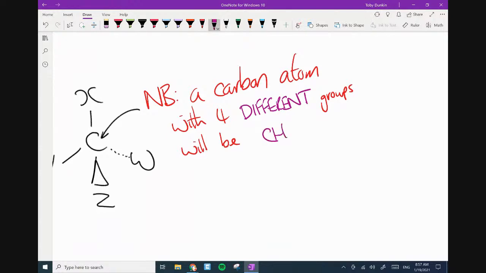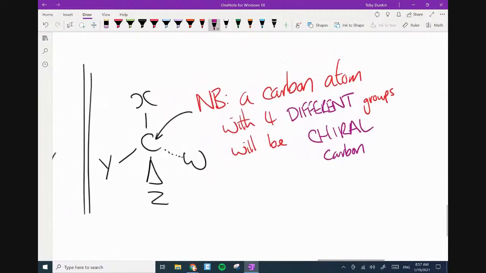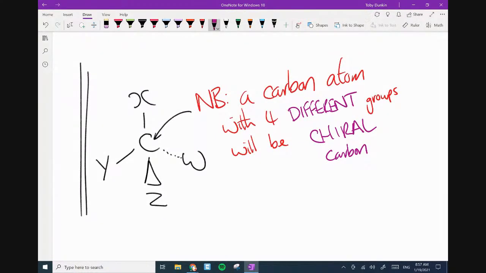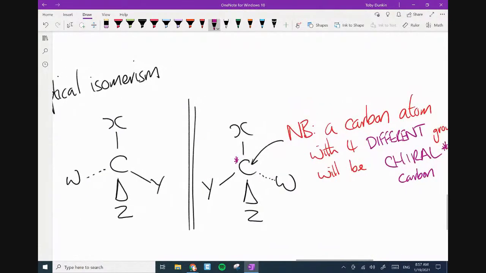It's called a chiral carbon. And we actually denote this with a little asterisk. So I can asterisk this guy here. There we go. The asterisk denotes that it is going to be chiral.